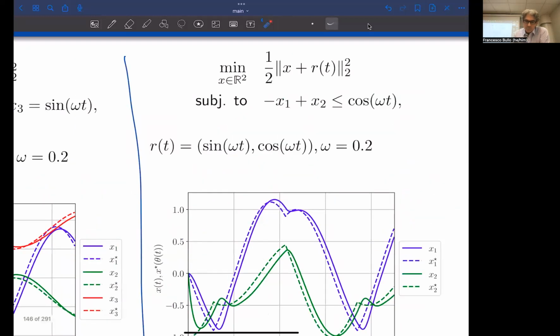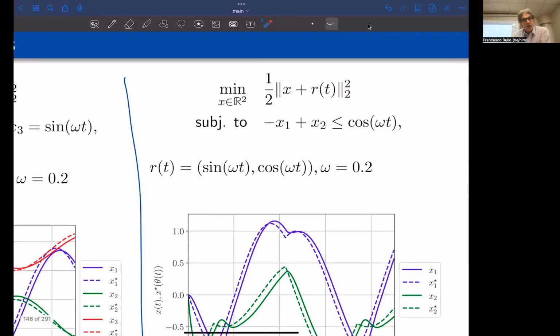Now, I will tell you an area of current research is the following. I have a time varying parameter and I want the dynamics to be contracting with respect to the time invariant norm. So what I mean by that is that my dynamics is contracting independently of time.